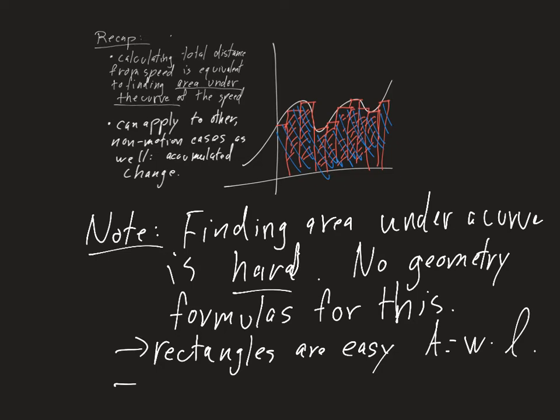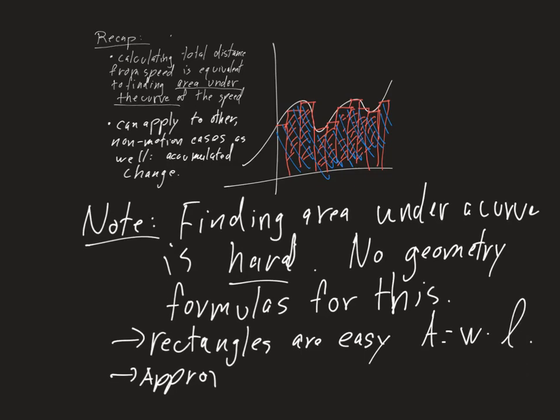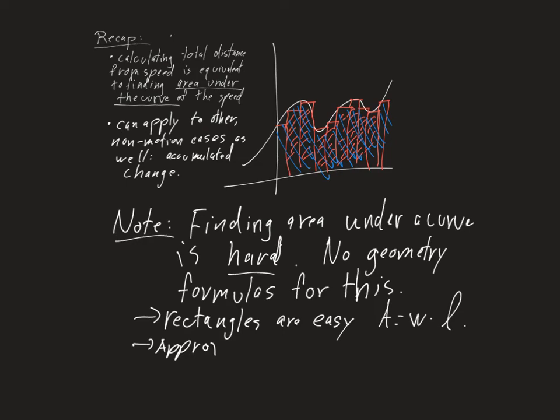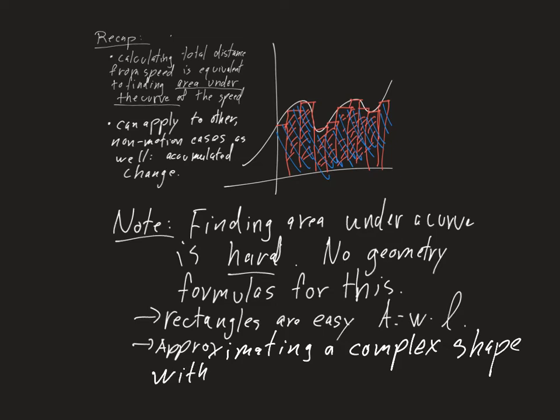So what we're really doing here is we're approximating a complex shape by using simple rectangles. Okay.